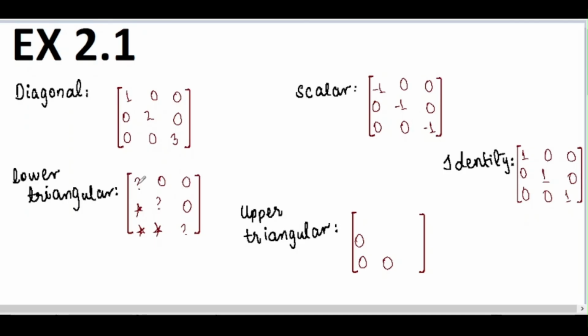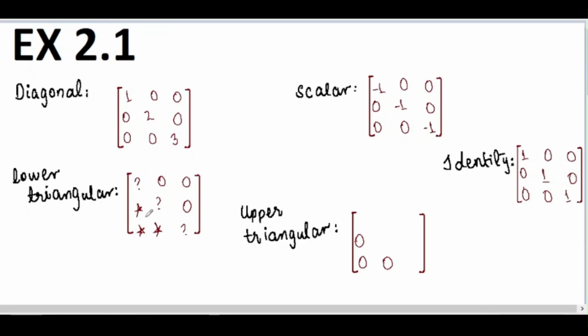But at least one of the elements among these question marks must be a non-zero element, and the same goes for the star elements. There should be at least one element amongst these star elements which is non-zero. The rest can be 0 or non-zero depending upon the choice.